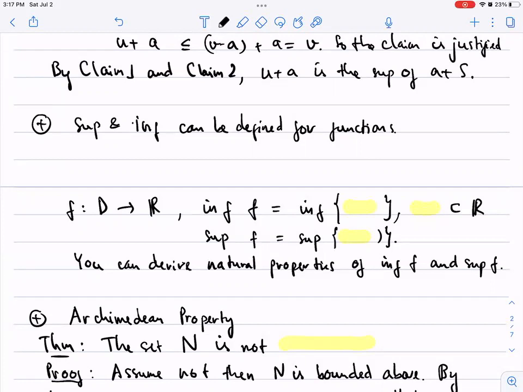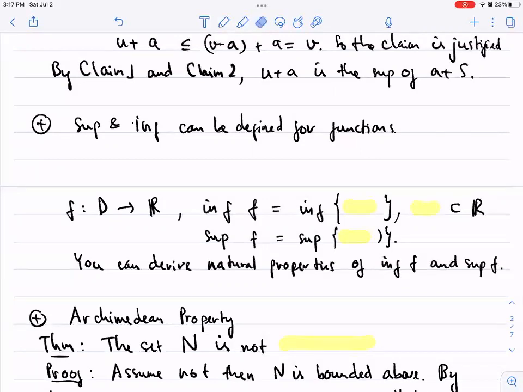How do we do that? Let's consider a function f from some set D to the set of real numbers. Then the infimum of this function f is defined to be the infimum of the following set.